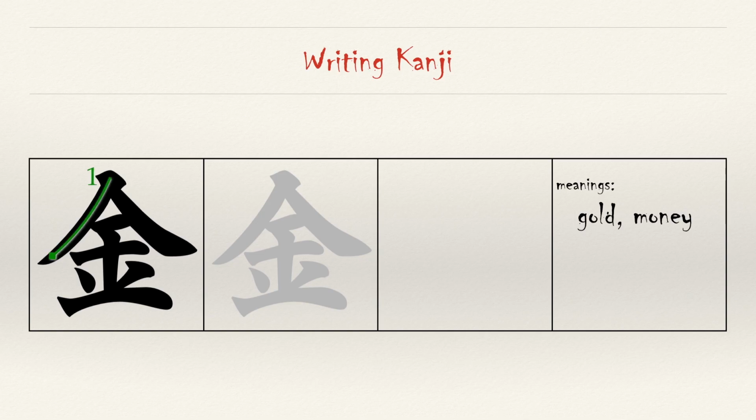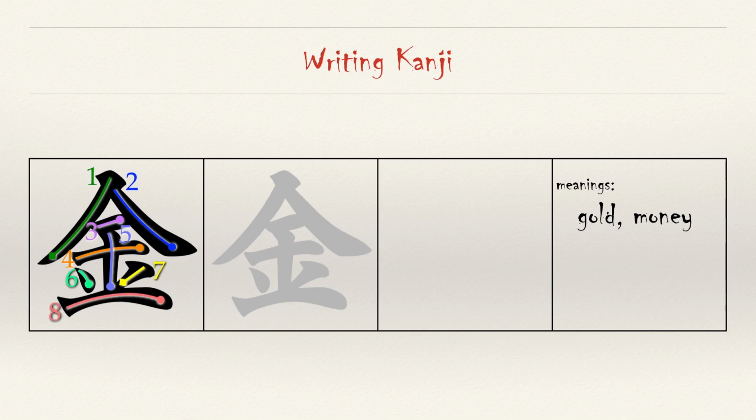Strokes 1 and 2 are the final 2 strokes of ki, only higher in the character space. Stroke 3 goes across the top inside. Strokes 4 and 5 are strokes 1 and 2 of ki, only shorter. Strokes 6 and 7 are strokes 1 and 2 of hi, only lower. Finally, stroke 8 goes across the bottom.